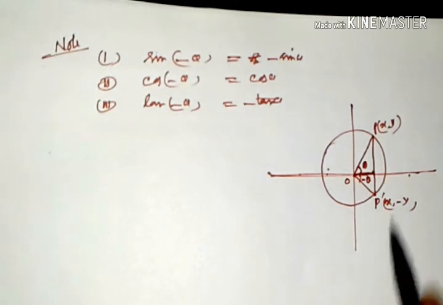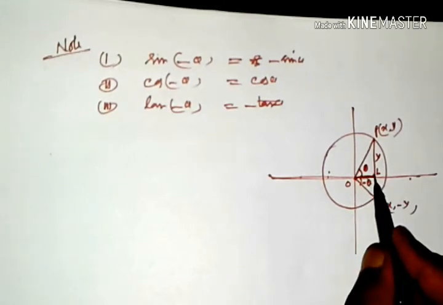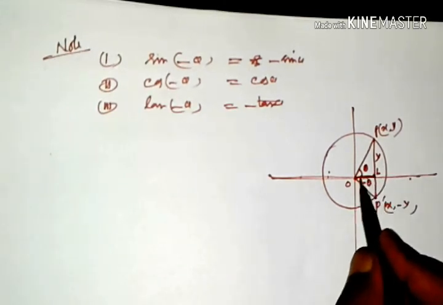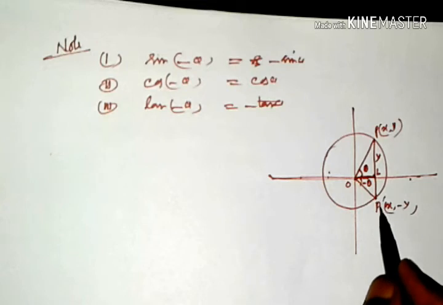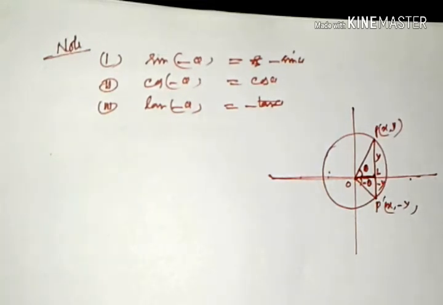This is O. Therefore PL is equal to y, and OL is equal to x. This is x. LP' is minus y.